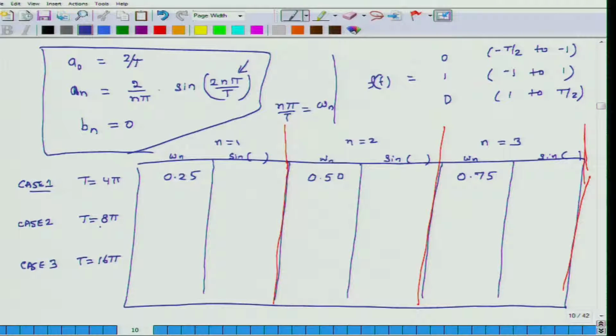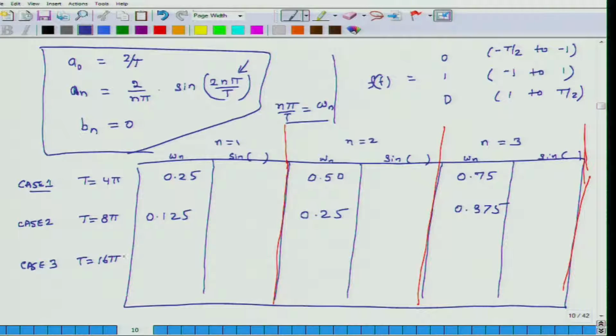So when t equals 8 pi and n equals 1, then this omega n becomes 0.125. Here it becomes 0.25. And here it becomes 0.375. Okay.